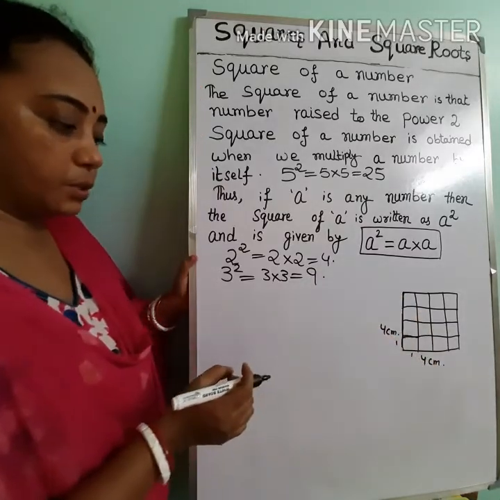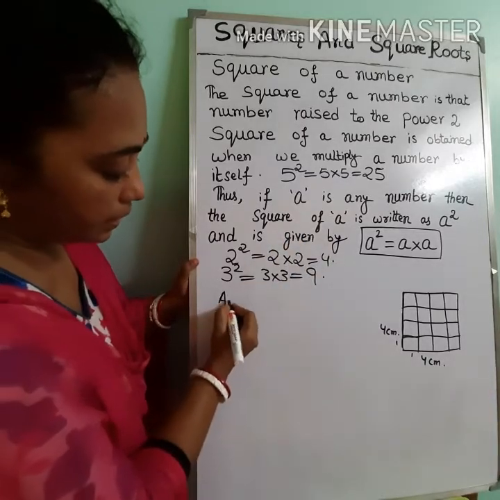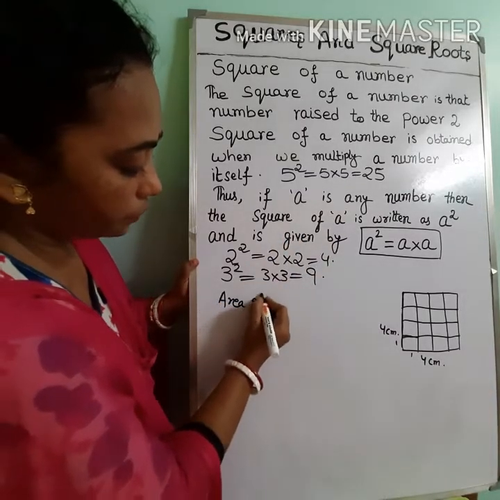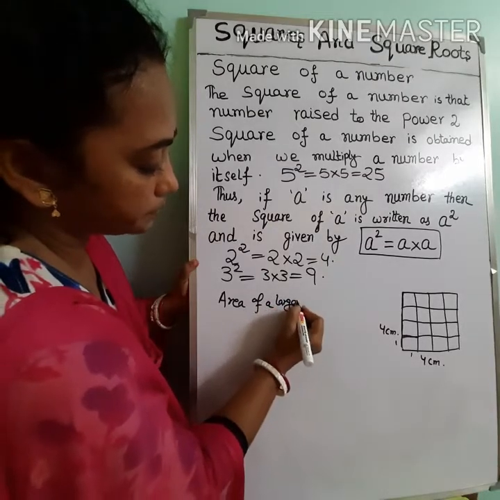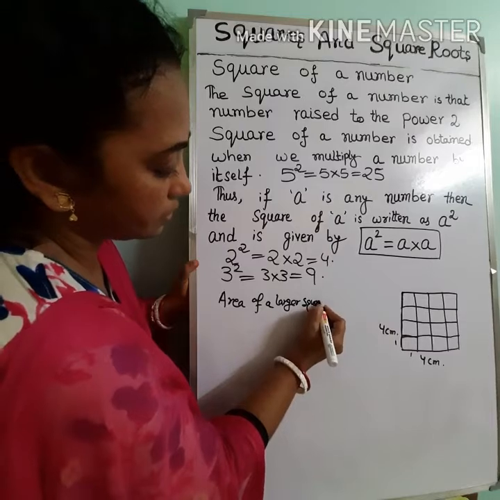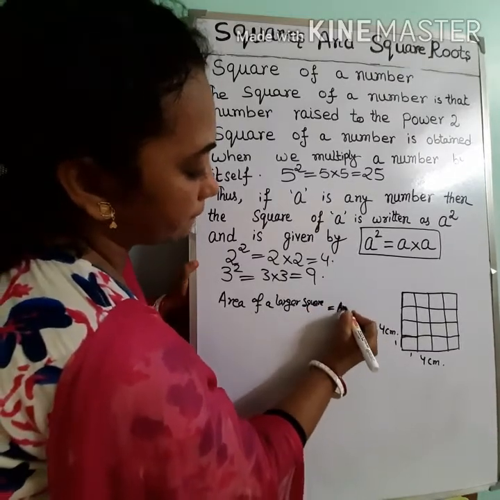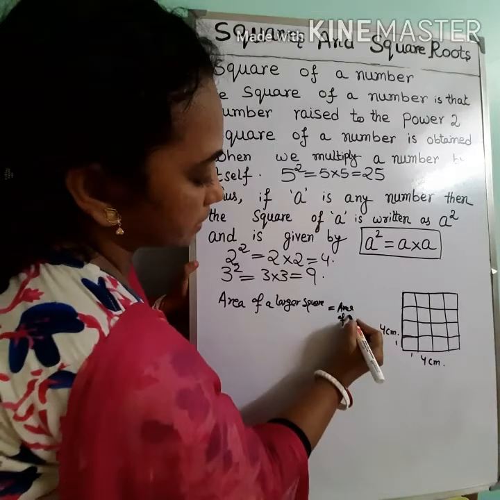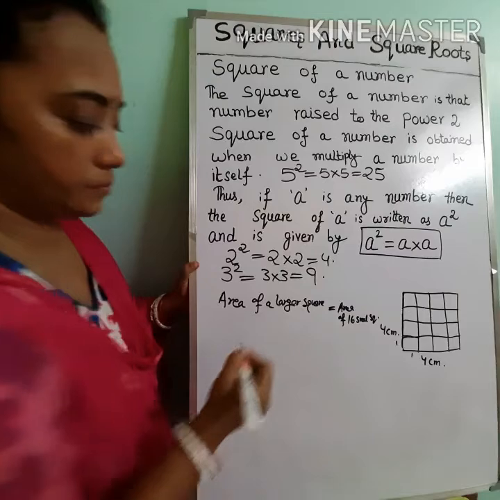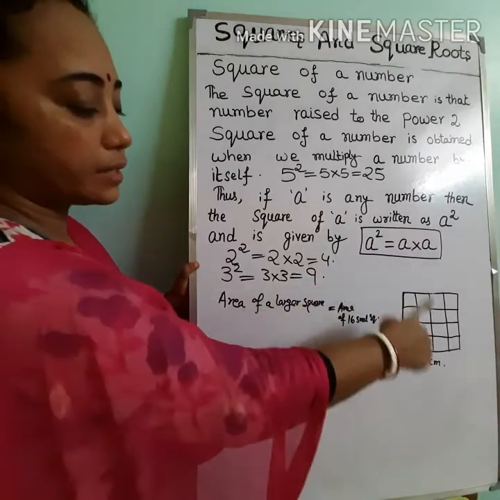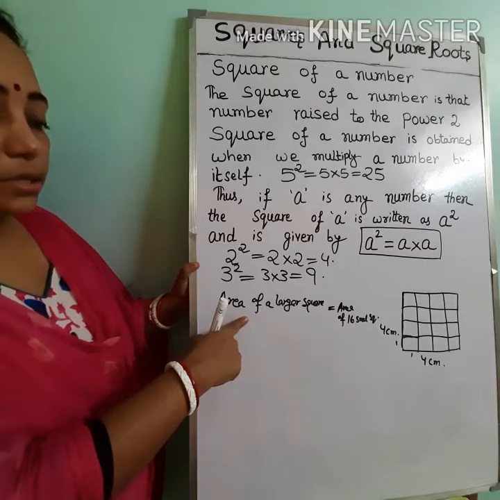So from this square we can write that the area of this larger square is equal to the area of 16 small squares. Now the area of the larger square, its side is 4 cm, and we know the area of a square is side into side.